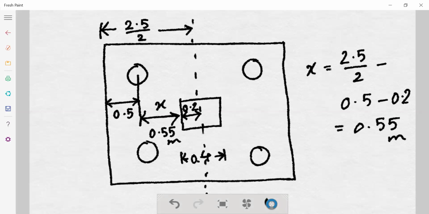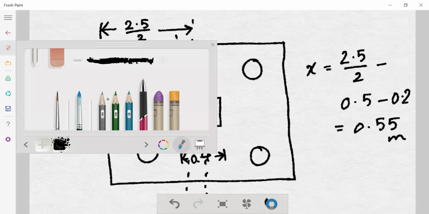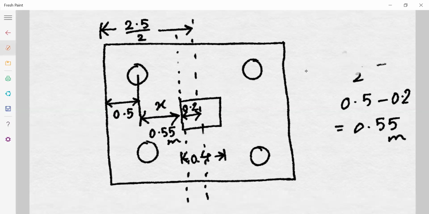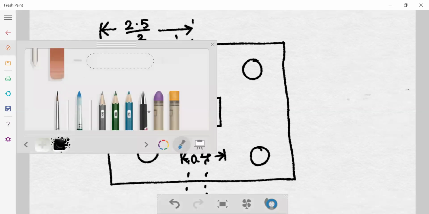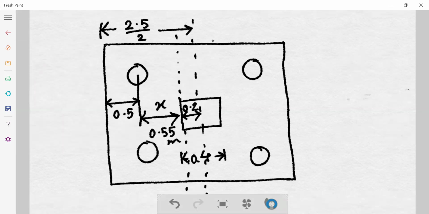So for the moment at the column face, if this is the section for the column face, we can consider the moment either from the left or from the right. So let us consider the moment of the forces from the left. On the left, the two forces will be the loads on the two piles.